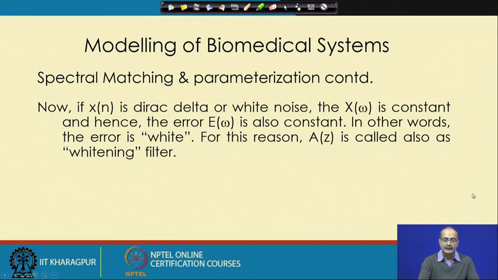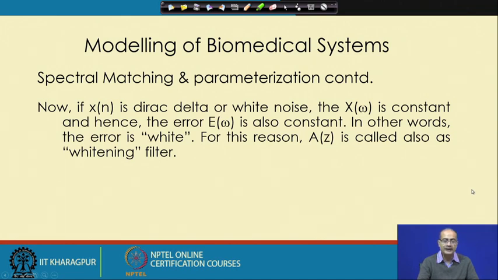Now, in the previous analysis we have seen that x[n] is the driving force, either an impulse function or a Dirac delta function or a white noise, and for that X(omega) is constant. Hence, as E(omega) is also a scaled version of X(omega), it will have the same characteristics, that means it should be constant over any frequency.